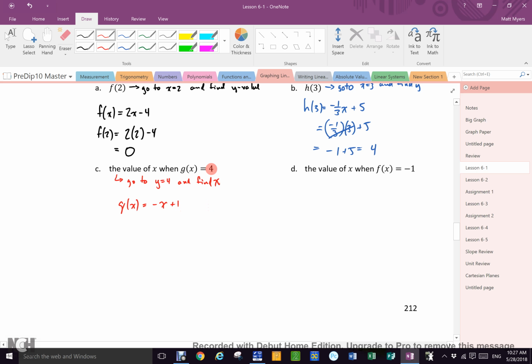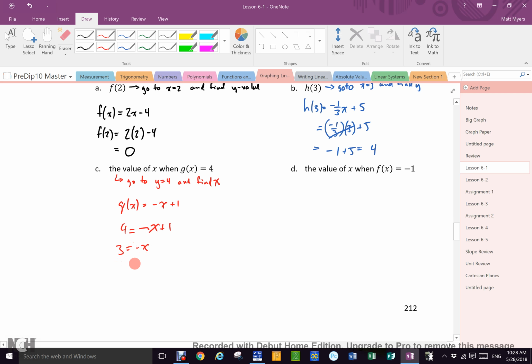Where does the 4 go now? X. Oh no, y. Where does the 4 go now? 4 equals negative x plus 1. 3 equals negative x.